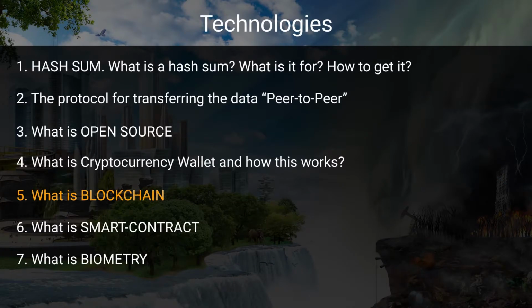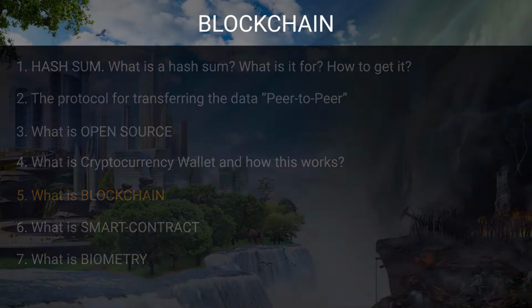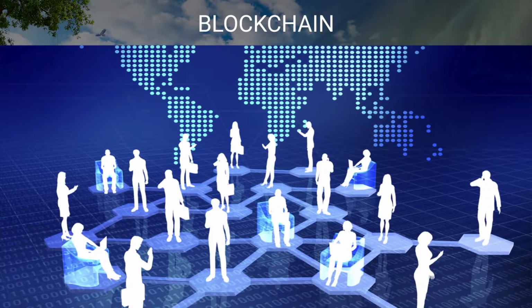What is blockchain? The Bitcoin network uses data transfer protocol peer-to-peer. I showed in detail its work earlier. Actually, sending Bitcoins, a participant of the network just sends a message where is displayed the public key of a sender and a receiver.